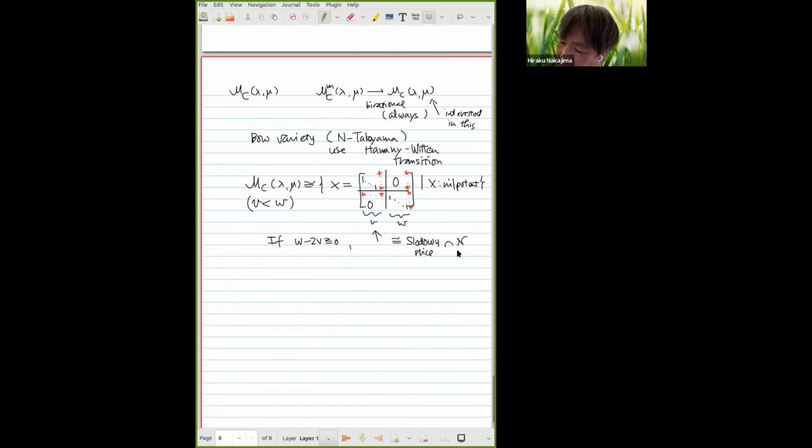This is a kind of variety which appears in geometric representation theory quite often. But in general, you can have V between W divided by 2 and W. So if V is in this range, then the above space is larger than the Slodowy slice.